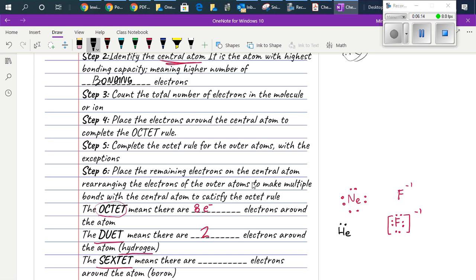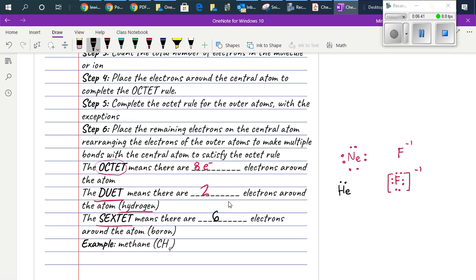Now this is related to the energy level. The first energy level is able to carry 2 electrons, and hydrogen and helium are the ones that have only 1 energy level, which means that they will be happy with 2 electrons in the outer shell. Sextet means that there are 6 electrons in the outer shell, and the exception for this is boron.